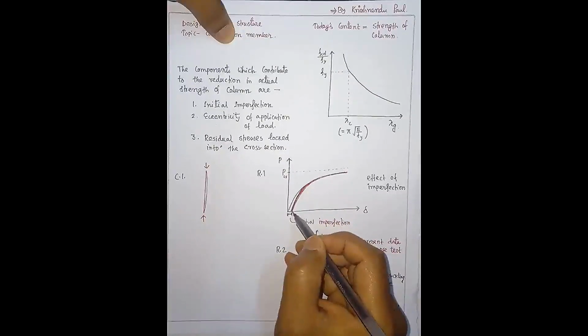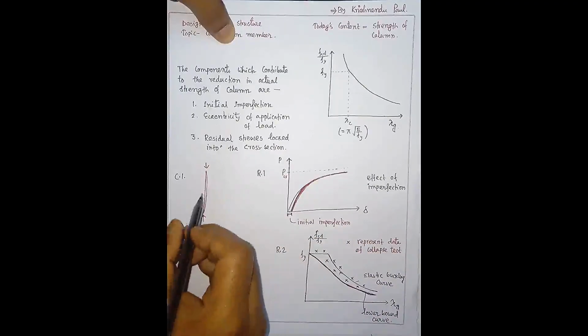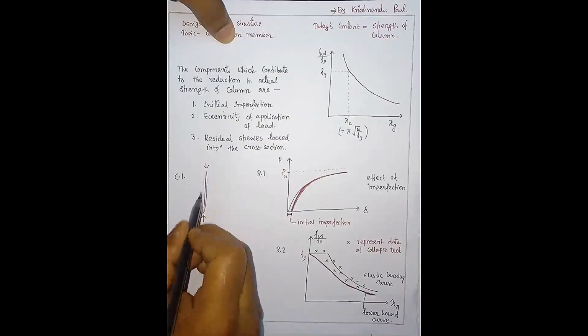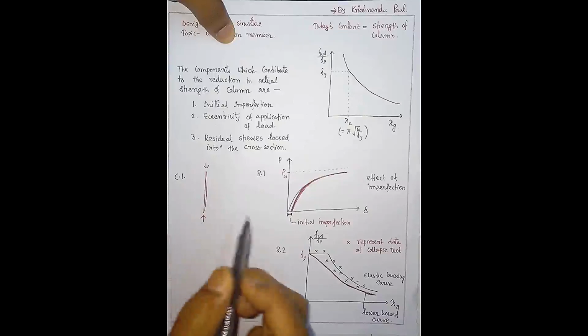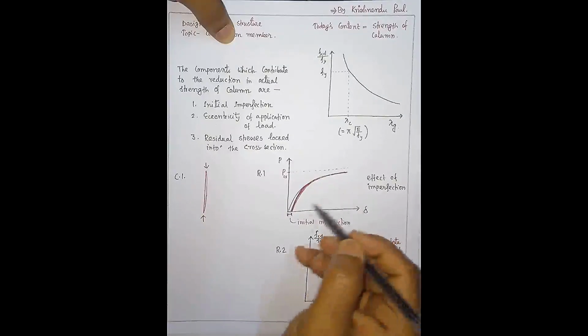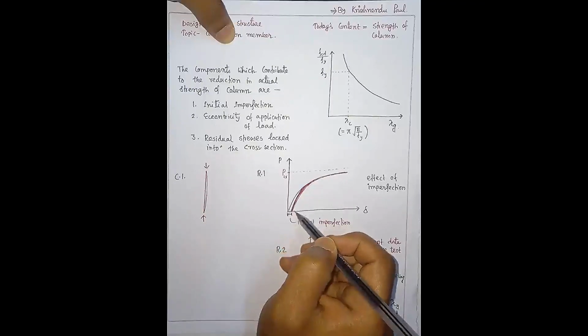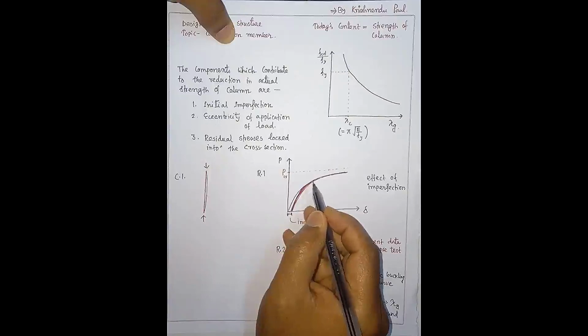There will be some deflection, because already there is some deflection. So from the very beginning the member is subject to bending moment. This bending moment will progressively increase, as I have discussed. So if we increase the load, the rate of increment of this deflection will be more. So it will go on like this.